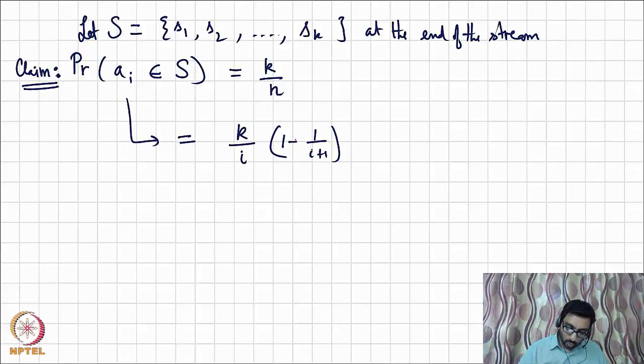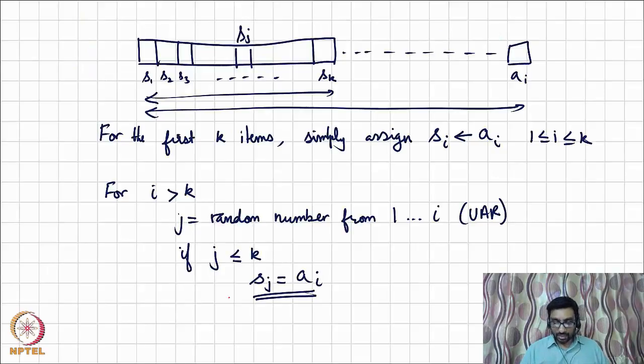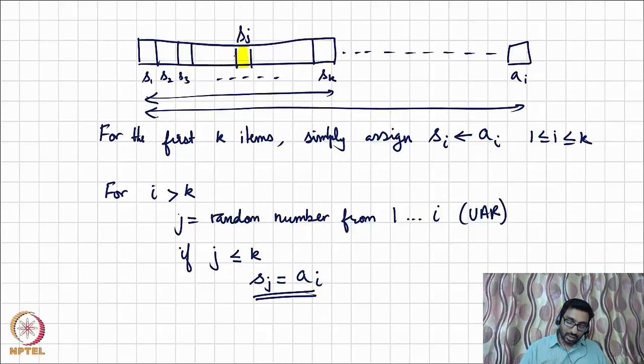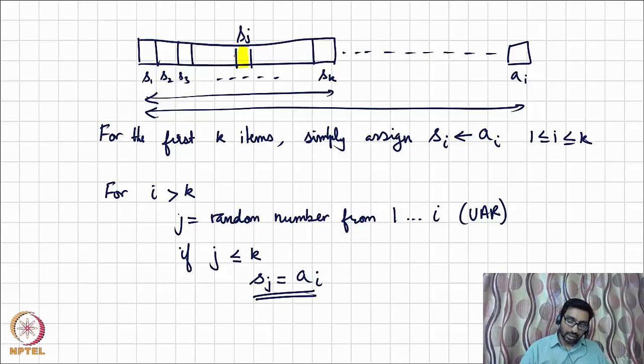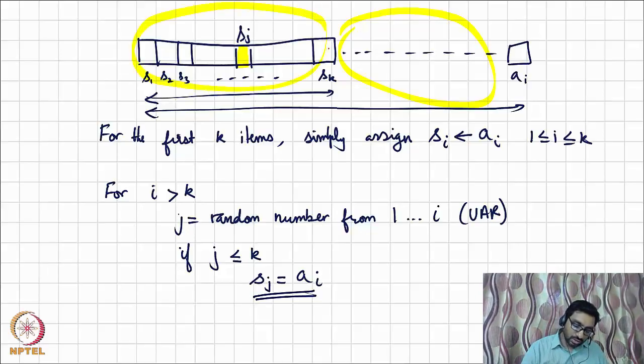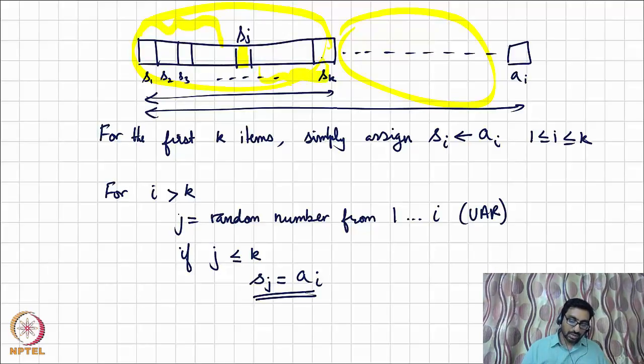So let me go back to the picture to explain exactly why this happens. Let us assume that the ith item gets placed in this cell Sj. Now the i plus 1th item will also generate a random number. If it falls anywhere in this region, that's okay. If it falls anywhere in this region, that's okay.